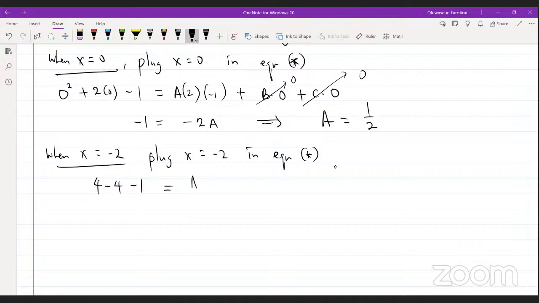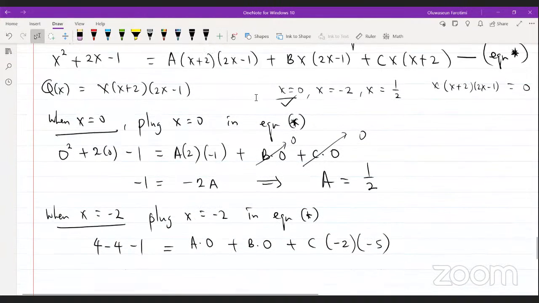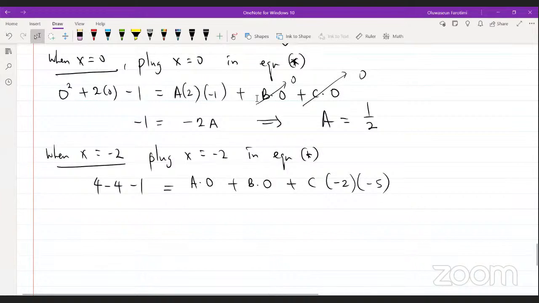The right-hand side becomes a times 0 plus b times 0 plus c times -2 and then -5. Remember, you're plugging it into equation star, in this guy.